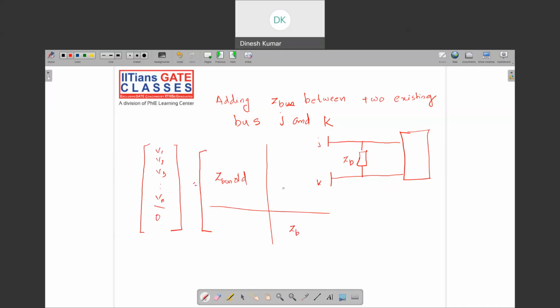Then we have to keep like this. ZJ1 minus ZK1, ZJ2 minus ZK2, like this. Here also Z1J minus Z1K, Z2J minus Z2K, like that.